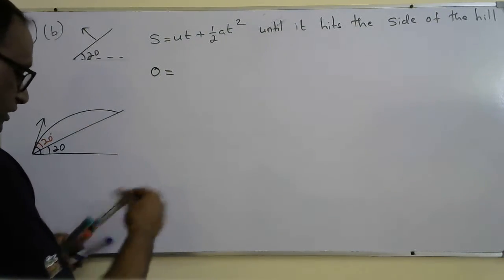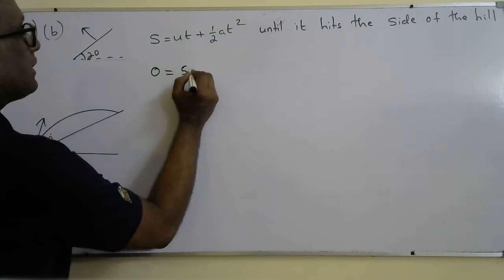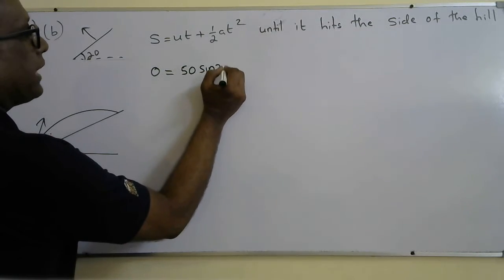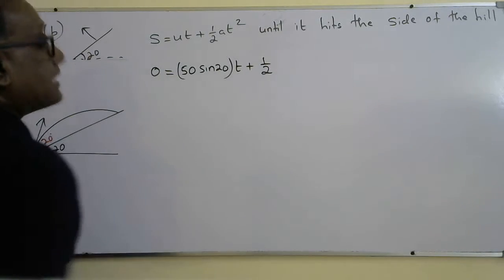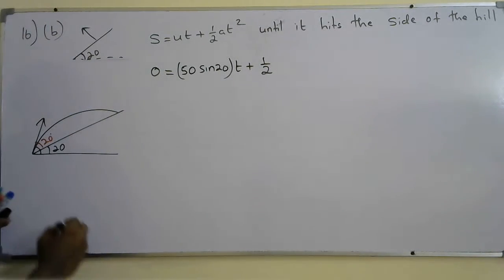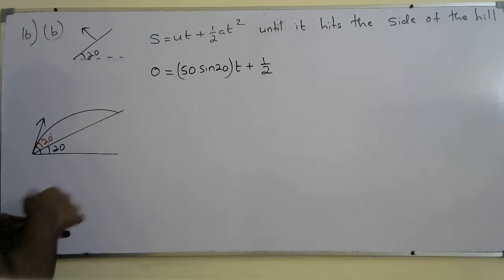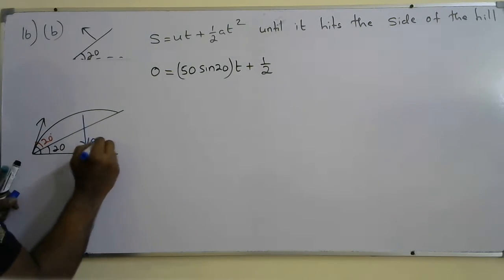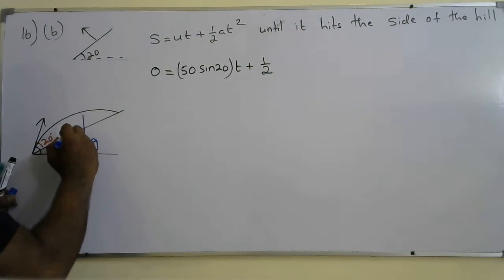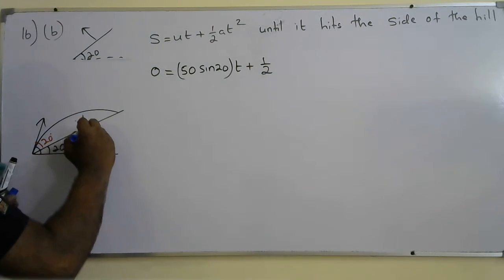So 0 is equal to 50 sine 20 into t plus half. As I told earlier, the gravitational acceleration is vertically down, g. So I need to consider the component perpendicular to the slope, in this direction.